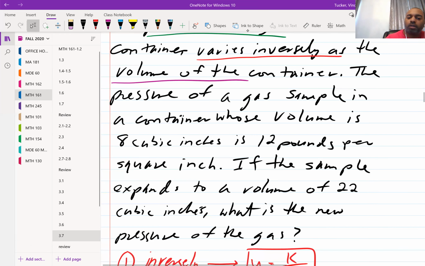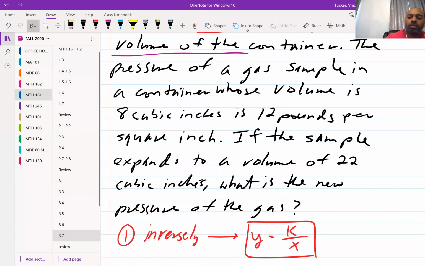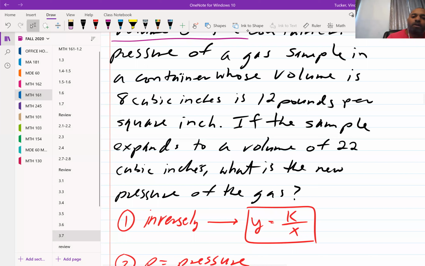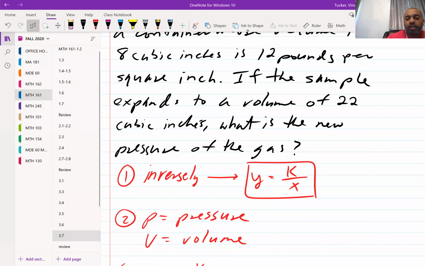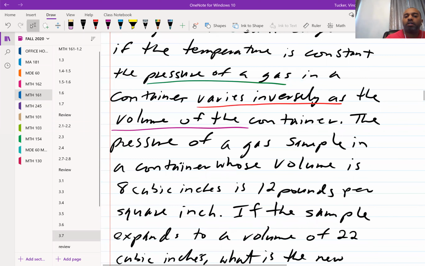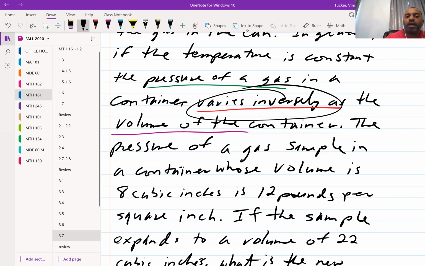All right. So let's go through the steps. So we know that the setup that we're going to use is inversely. So I decided to use P for pressure and V for volume. So if you go back to the setup, it says Y varies inversely as.